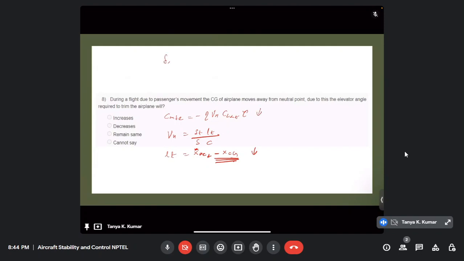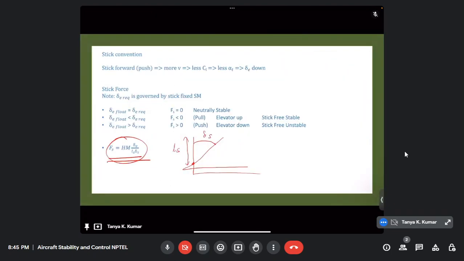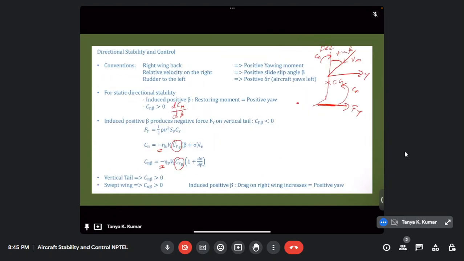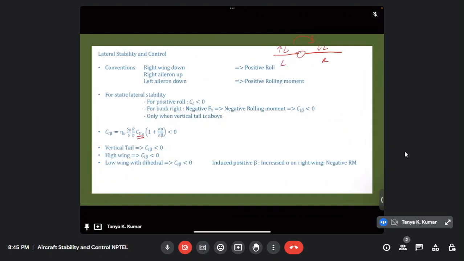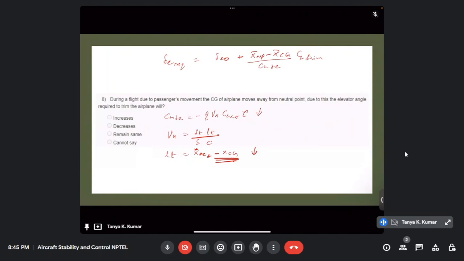Now the delta E required, the formula was what? Delta E naught plus X bar NP minus X bar Cg by Cm delta E into CL trim. I'm not sure about the sign, let's just go verify it. Yes, X bar NP minus X bar Cg, that is right. So now can you tell me if the delta E required increases or decreases?